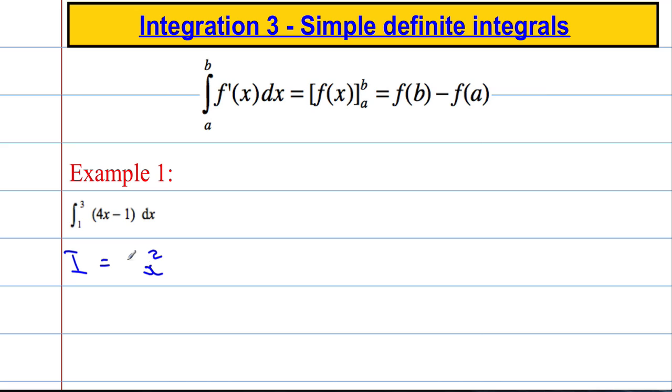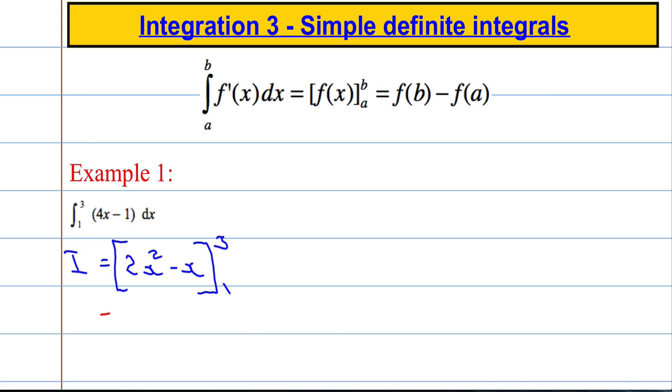So 4 times a half is 2, and the integral of negative 1 is going to be negative x. Now the key thing here is that when we integrate the function, we're going to put it in square brackets because it's a definite integral and we need to evaluate it at the values 1 and 3.